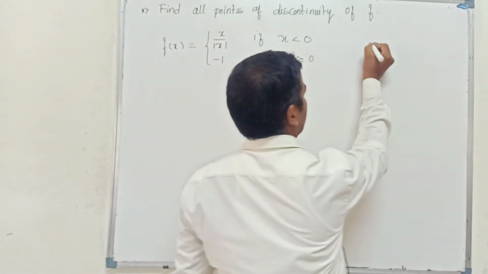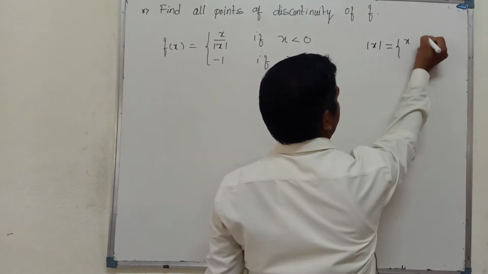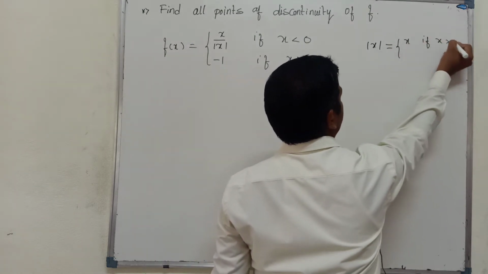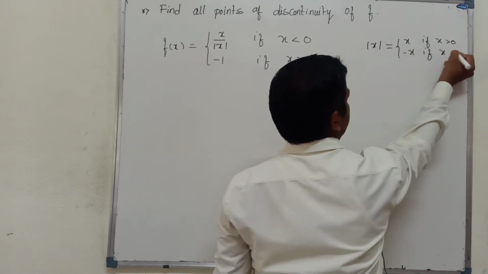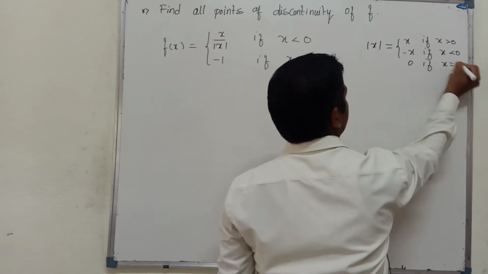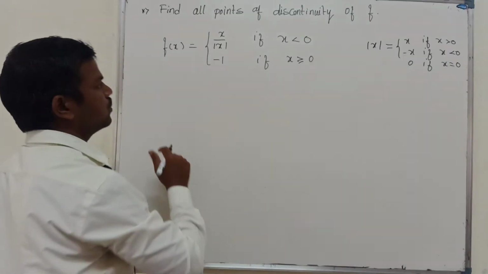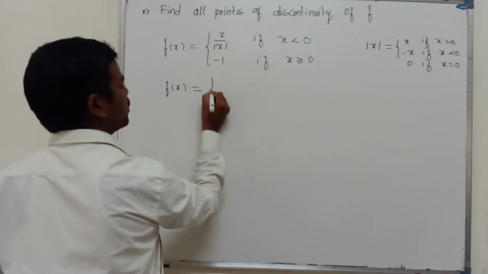Mod x is equal to x if x is greater than 0, minus x if x is less than 0, and 0 if x is equal to 0. Then let me redefine f of x according to that definition.